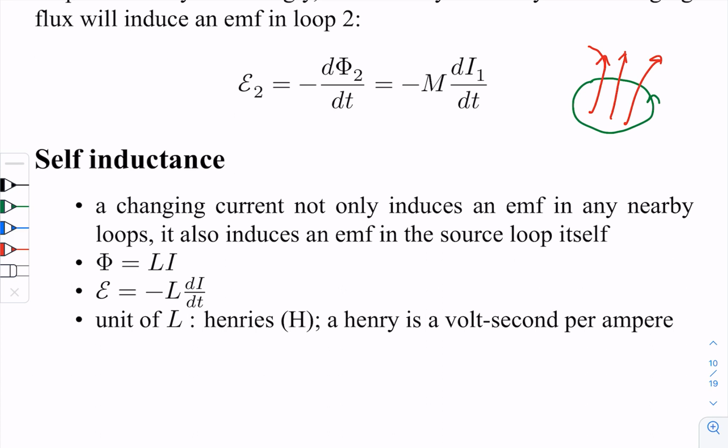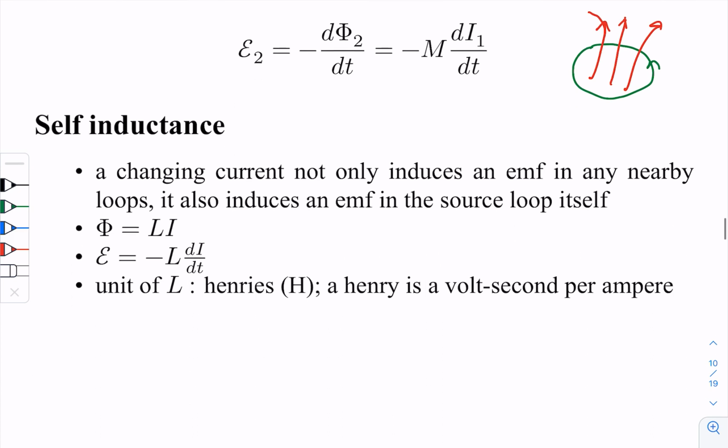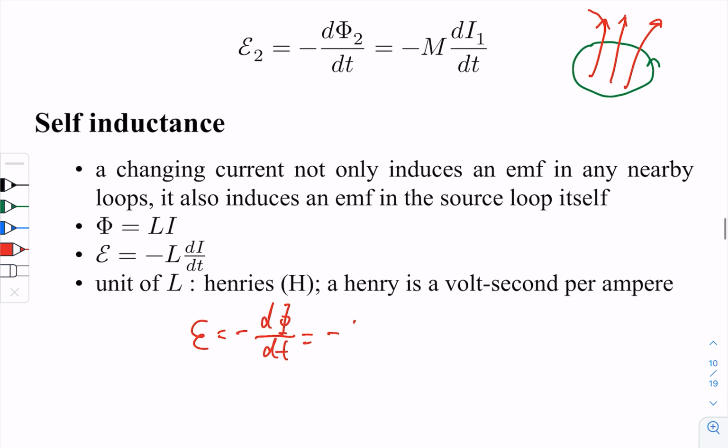Now this EMF is simply the negative of d phi dt. Here we don't change the geometry of the loop, but only vary the current. Then this L is a constant, so we can pull this L out of the differential, and that will give us EMF equals minus L di dt.